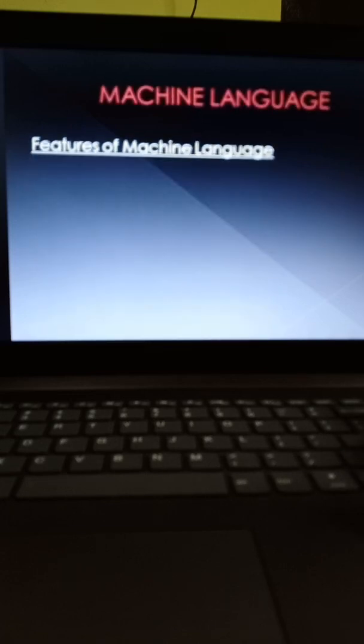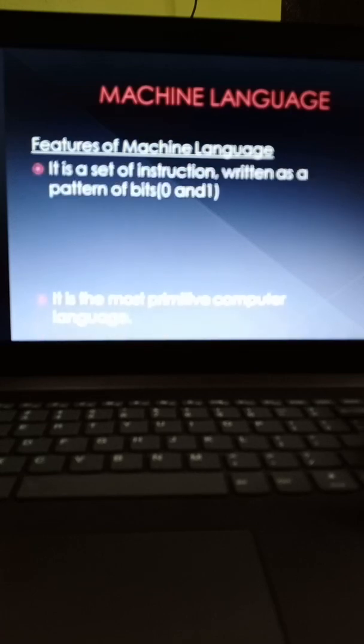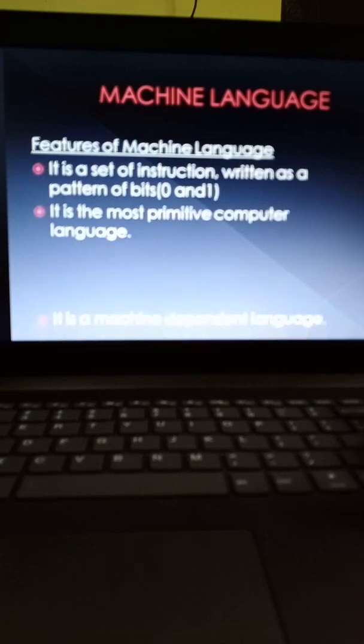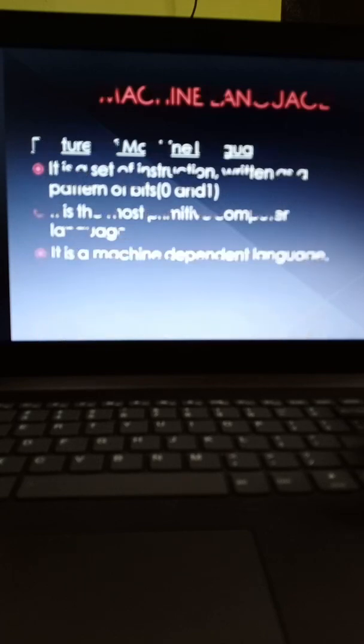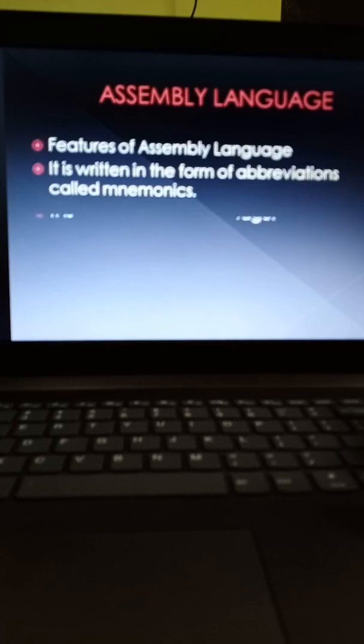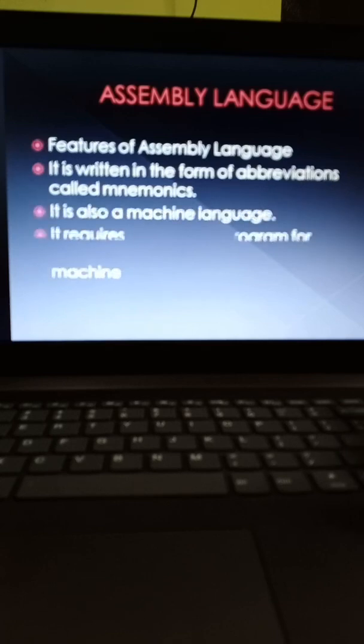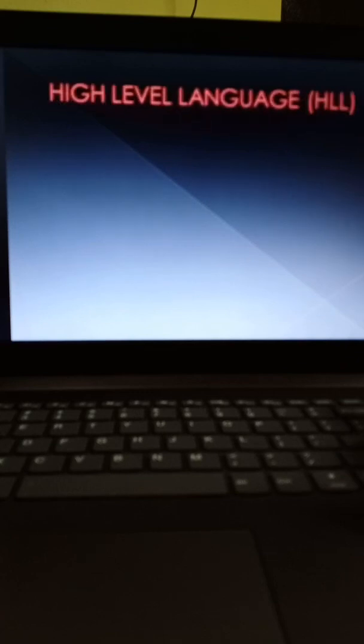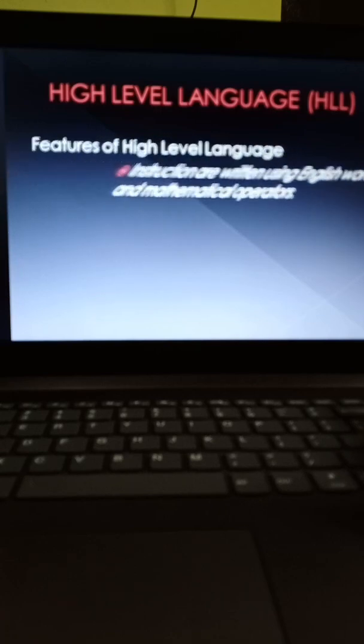Here, machine language, its features, then assembly language, its features, then high-level languages, its features.